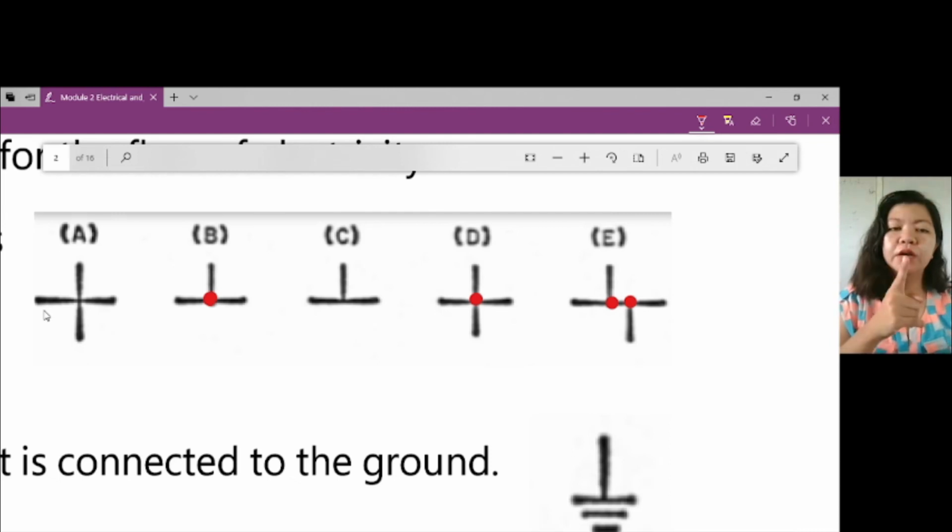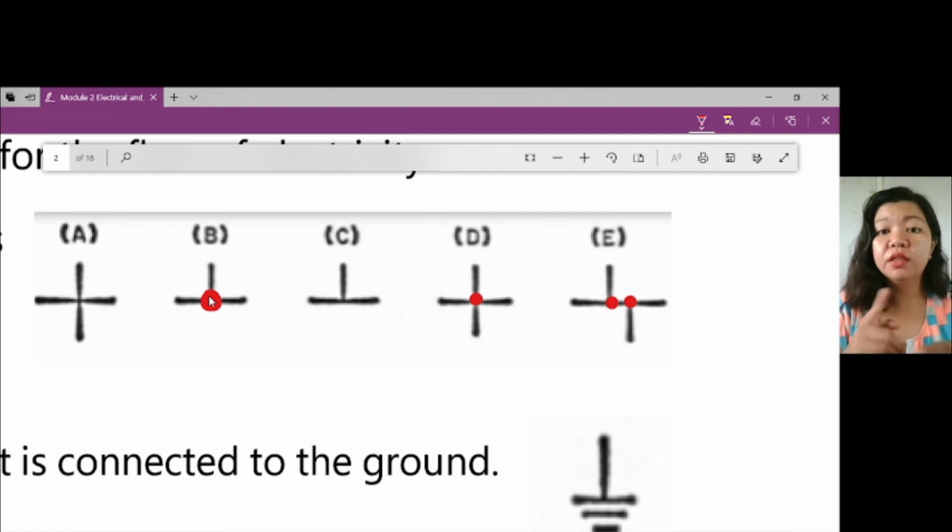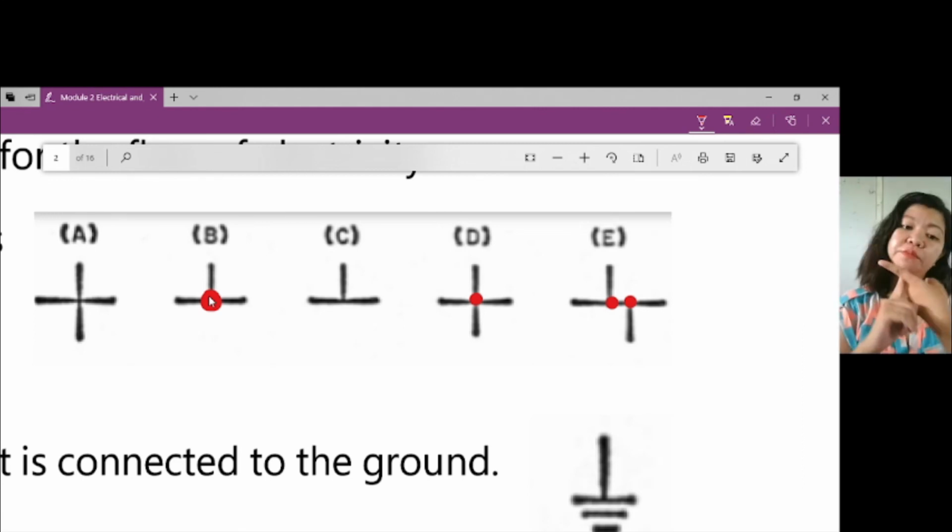Maaaring ito yung wire na kapag ganito, crosses each other, but they are not connected or they are detached. Now, if you see na merong ganito yung ating wires, ibig sabihin, it actually indicates that the two wires crossing each other are connected or soldered to each other. Ibig sabihin, konektado talaga siya dito. Hindi lang siya basta lumusot kasi nag-cross lang sila ng path along the design. So that's the big difference.